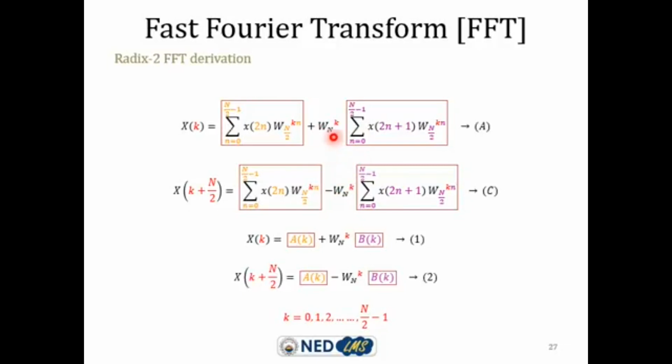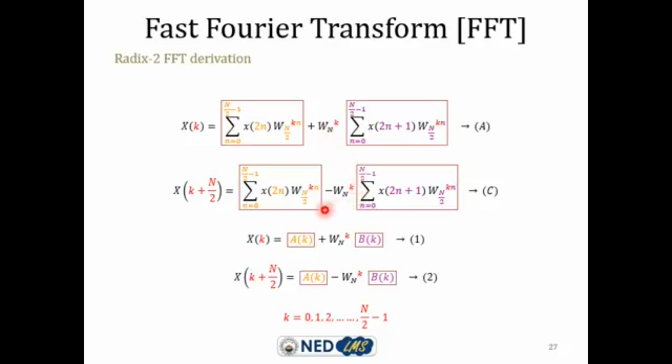So in this case, for equation A, the twiddle factors will be W8^0, W8^1, W8^2 and W8^3, because k is equal to 0 to N by 2 minus 1. So 8 divided by 2 is 4, 4 minus 1 is 3. Similarly, in equation C, we will have the twiddle factors W8^4, W8^5, W8^6 and W8^7. But these twiddle factors W8^4, 5, 6, 7 will be the negative times of W8^0, 1, 2, 3 respectively.